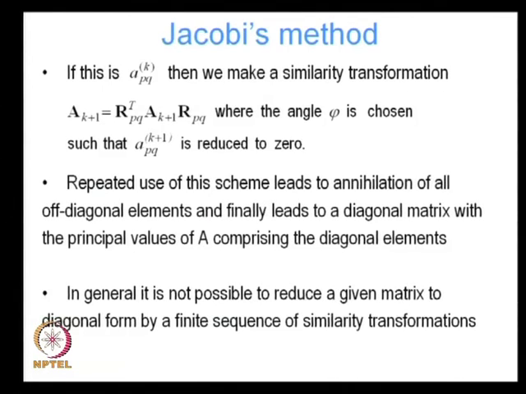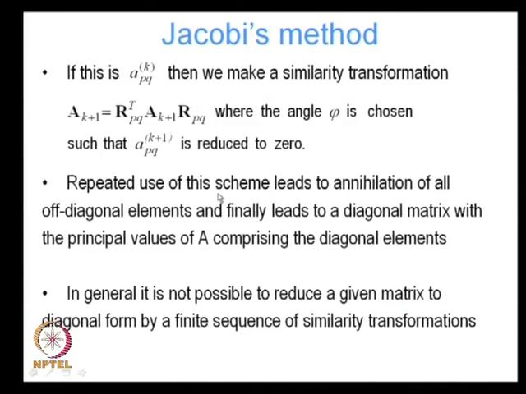If this largest off diagonal element is A_pq^k, then we make a similarity transformation A_{k+1} equal to R_pq transpose A_k R_pq, where R is a planar rotation, right, which transforms just the p and q columns of A, where angle phi is chosen so that A_pq^{k+1}, after the transformation, is reduced to 0.